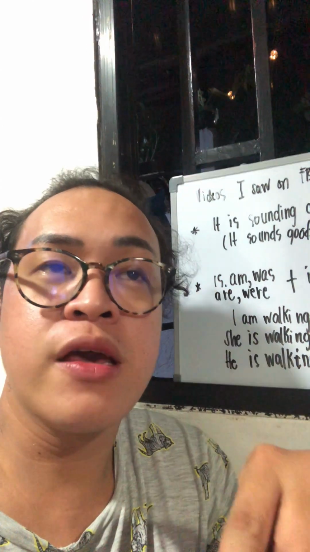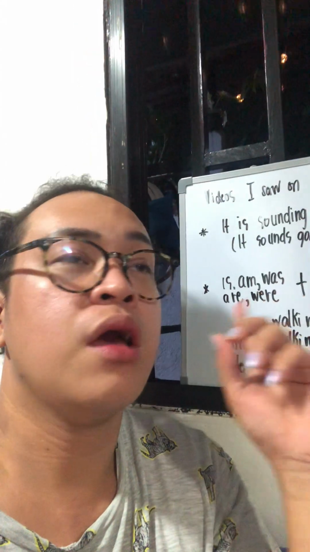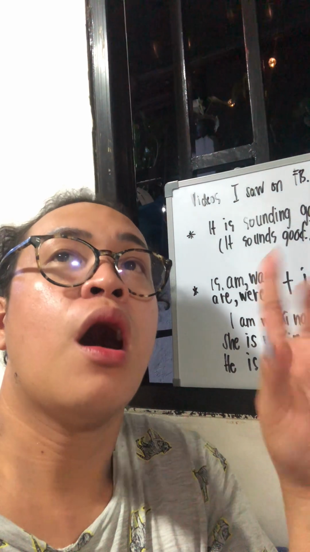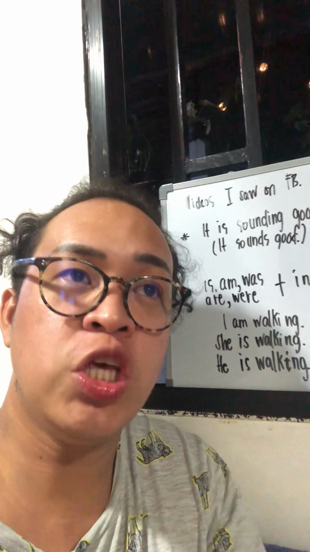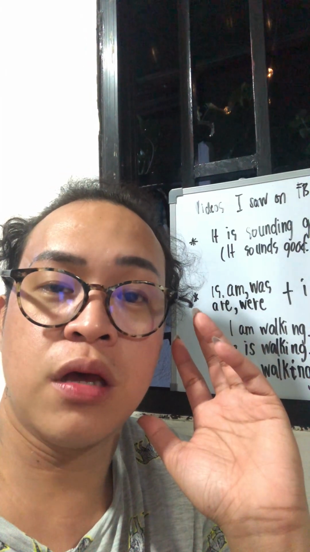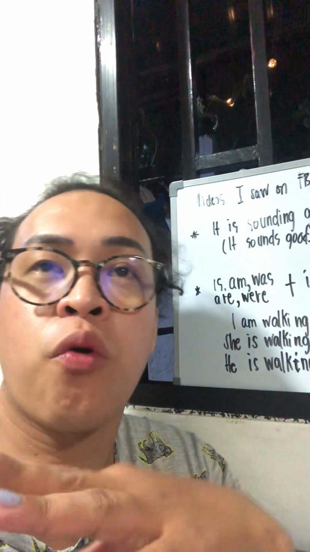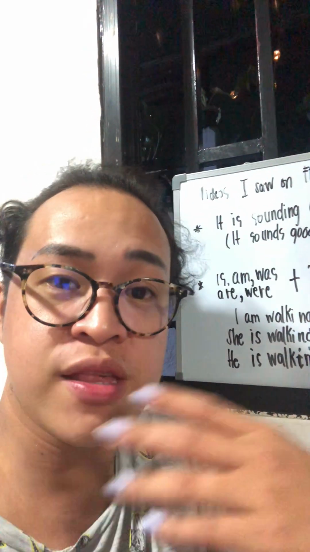So my point here is that the uploader should have said is, am, was, are, were are followed by ing, but not in most cases, because it could also be followed by the past participle of the main verb, depending on the sense or the form or structure of the sentence.